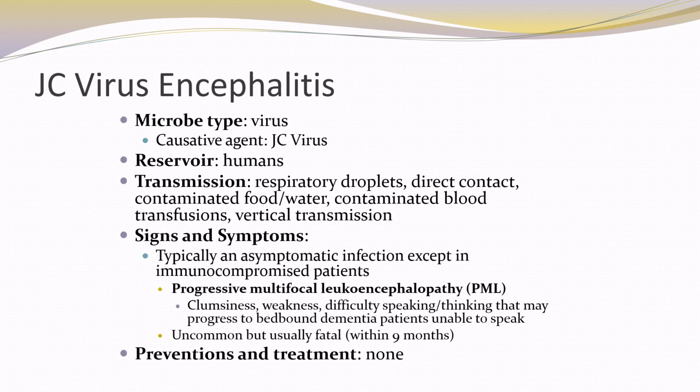haven't shown symptoms. Most people are asymptomatic unless you are immunocompromised, which can cause PML, or progressive multifocal leukoencephalopathy, which is essentially just clumsiness, weakness, difficulty speaking.